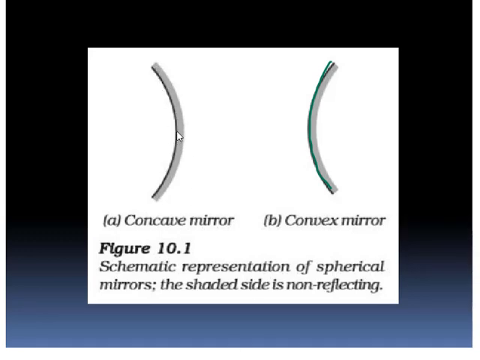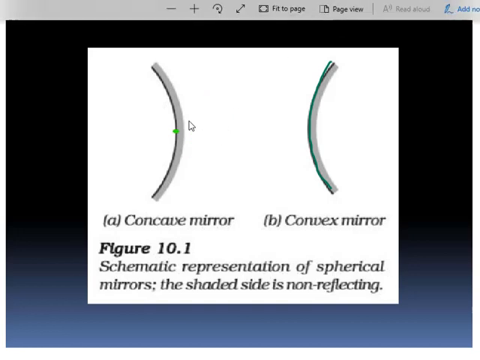If we take the middle point of it, this point is known as the pole, which is denoted by the letter P. On the other hand, in the case of the convex mirror also, the center portion is known as the pole, which is denoted by the letter P.